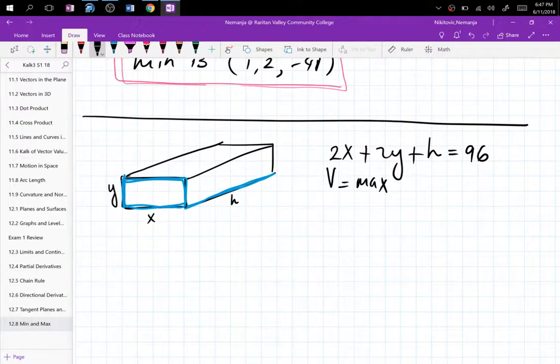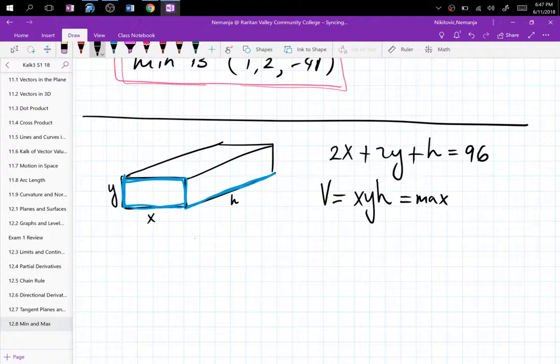Now, what else do I have here? I can write the volume. What is the volume for this box? Very good. And we need that to be max.